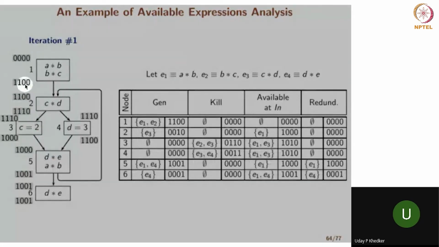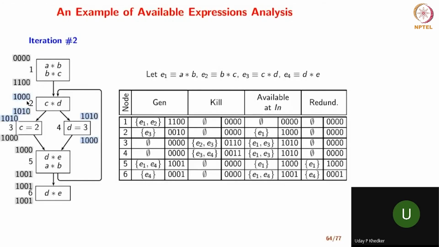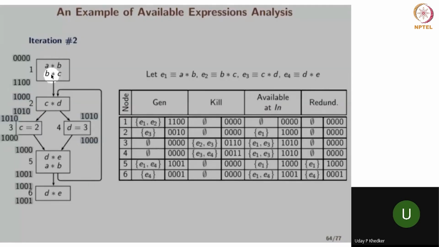It was the effect of 1100 and initial value was 111, but this has become 1001. So the intersection of 1001 and 1100 will give us 100. It means that although B star C is available on this path, along this path B star C is not available, and therefore the second bit has become 0.